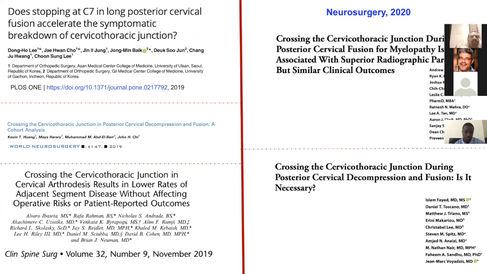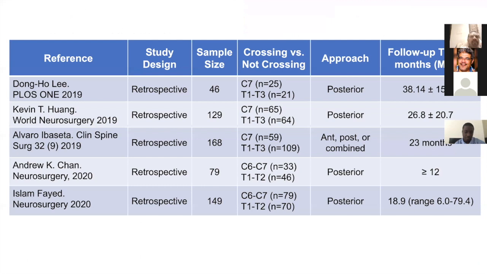If you look at those articles, all of them were retrospective studies, with a follow-up between 2 and 3 years, and 2 papers had a smaller sample size, 46 and 79.